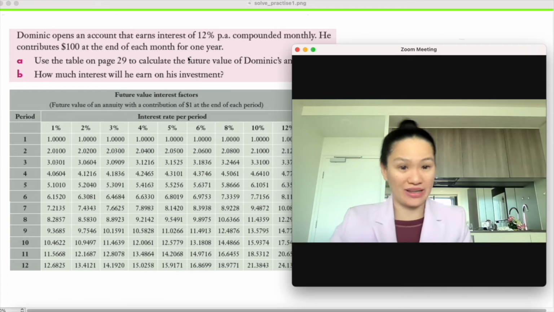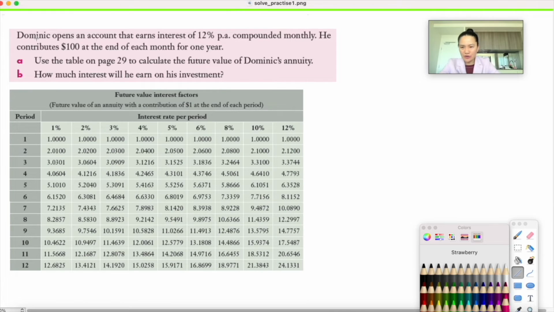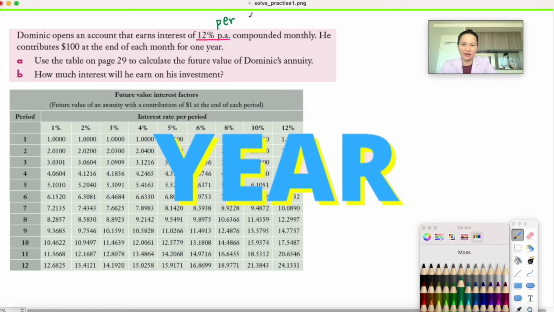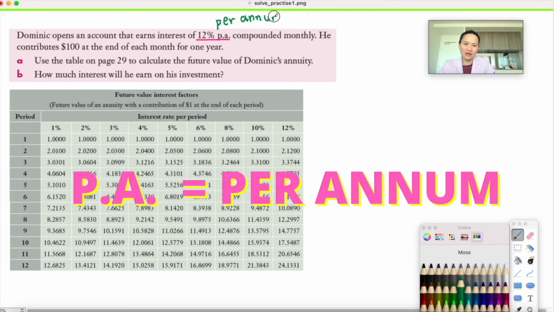How can we solve this question? First, we're going to analyze the question together step by step. He opened an account, earned interest of 12% per annum. Again, what does annum mean? Annum means per year, yeah? Per annum equals per year.